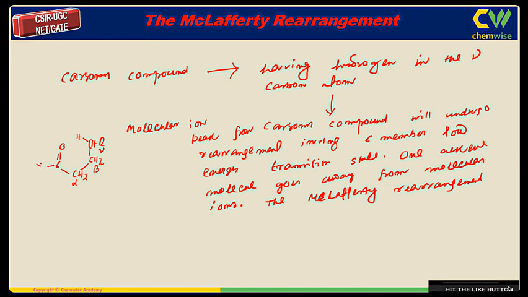Let's say it's Y. So Y may be R, H or OR, OH. So this is the rearrangement on the molecular ion.